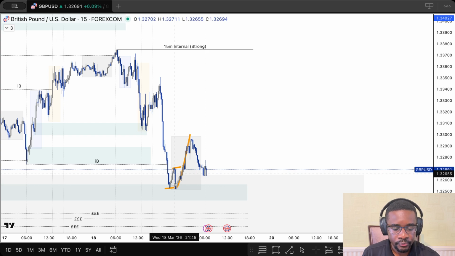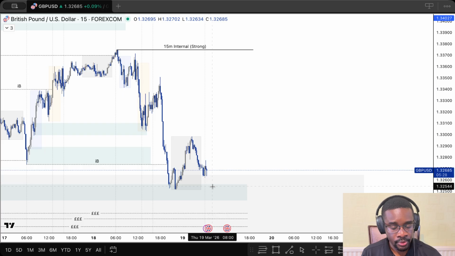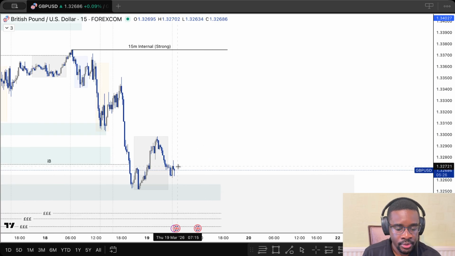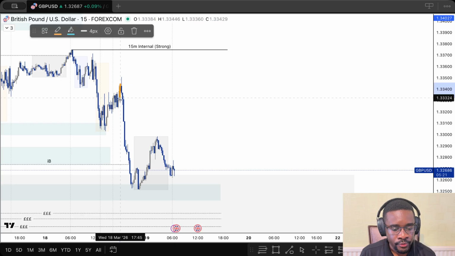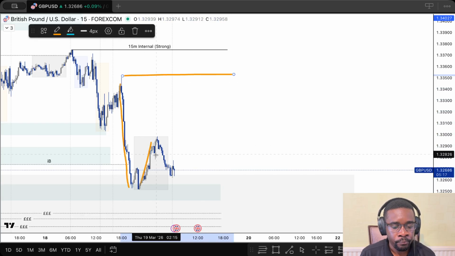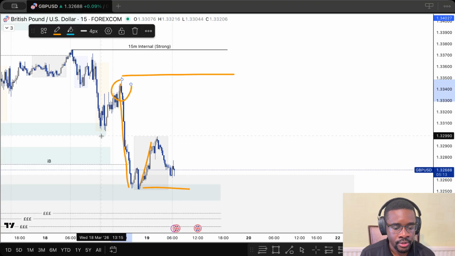So we've gone on to break structure bullish. Now could that be a sign that we're looking to go bullish? Possibly. However, I would anticipate that price, because of this strong movement that we've had, will have a pullback. This is pretty much the decisional, and this is the extreme.